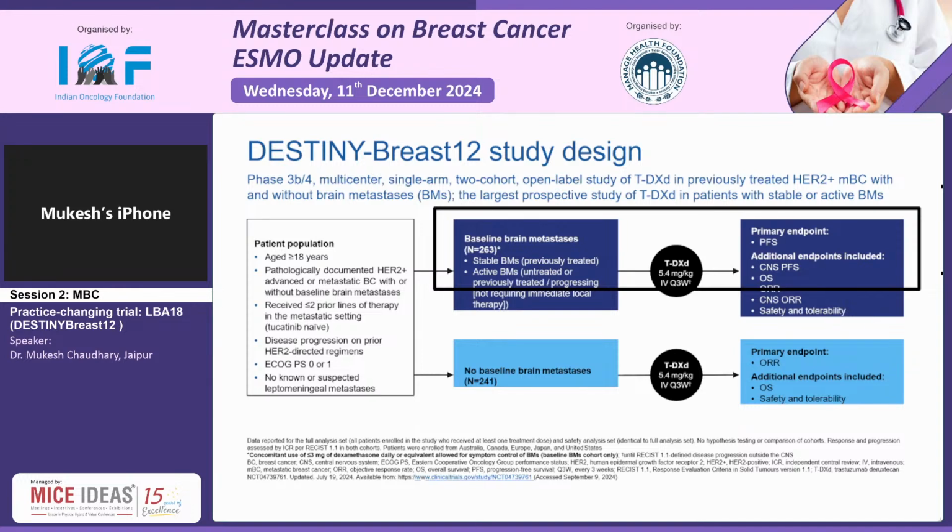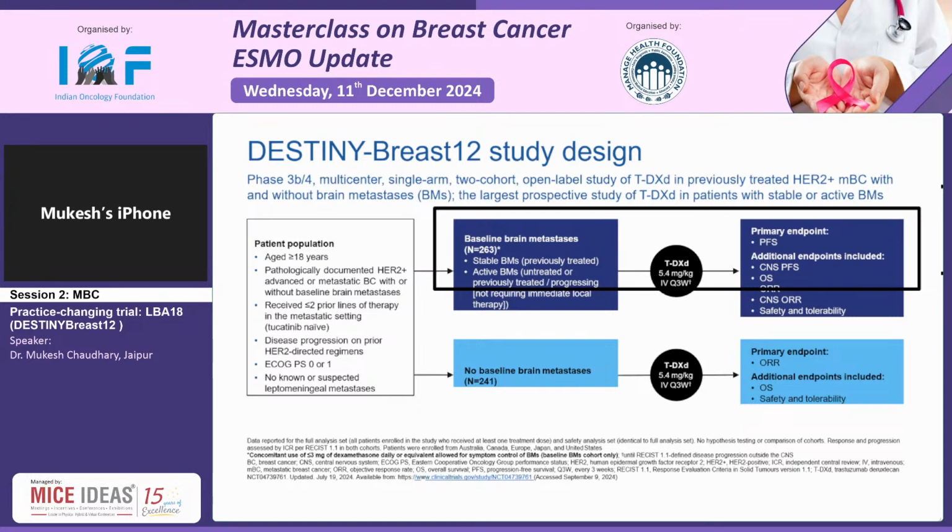Destiny Breast 12 study design. It is a phase 4 multicentric single arm, 2 cohort study of TDXD in previously treated HER2 positive patients with or without brain mets, and it is one of the largest prospective studies of TDXD in HER2 positive brain mets patients.